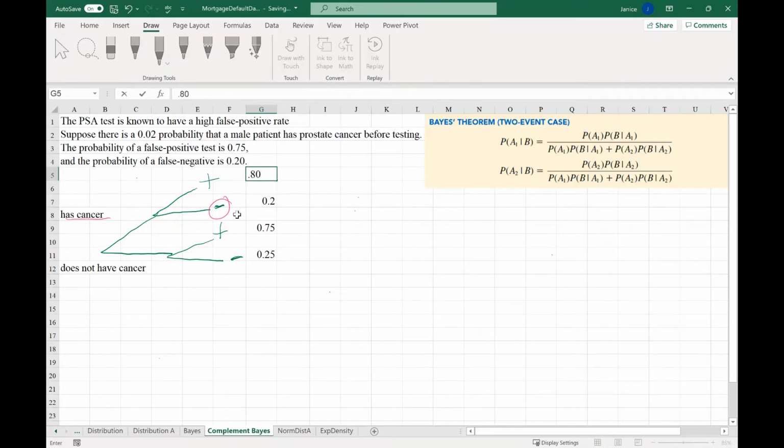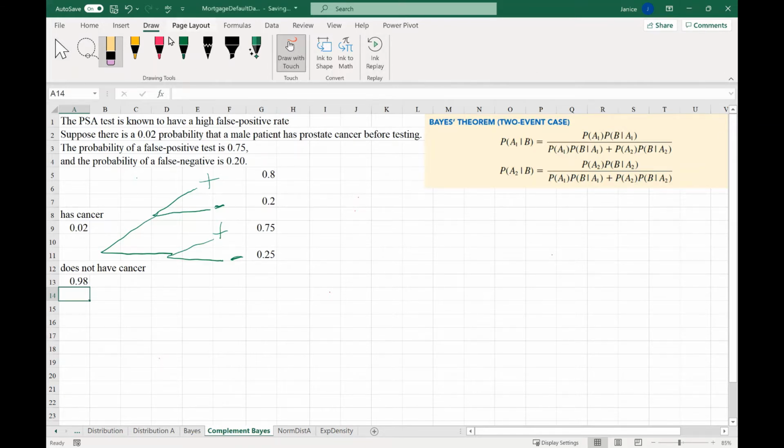So my patient with cancer has an 80% probability of getting a test that comes back positive, saying he has cancer. And we know that the probability that males have prostate cancer is 0.02. So here that's the 0.02. 1 minus 0.02 means that there is a 0.98 chance that the patient does not have prostate cancer. And that is exactly how we fill in these numbers.